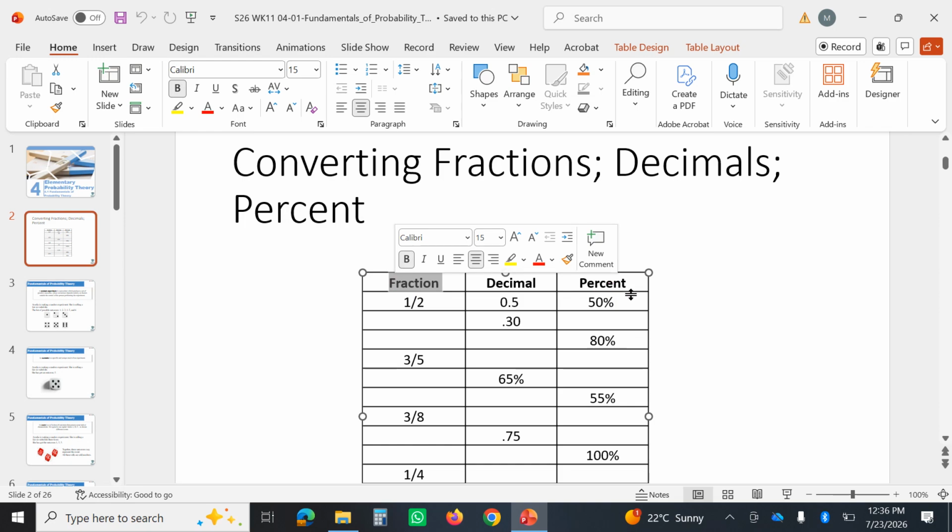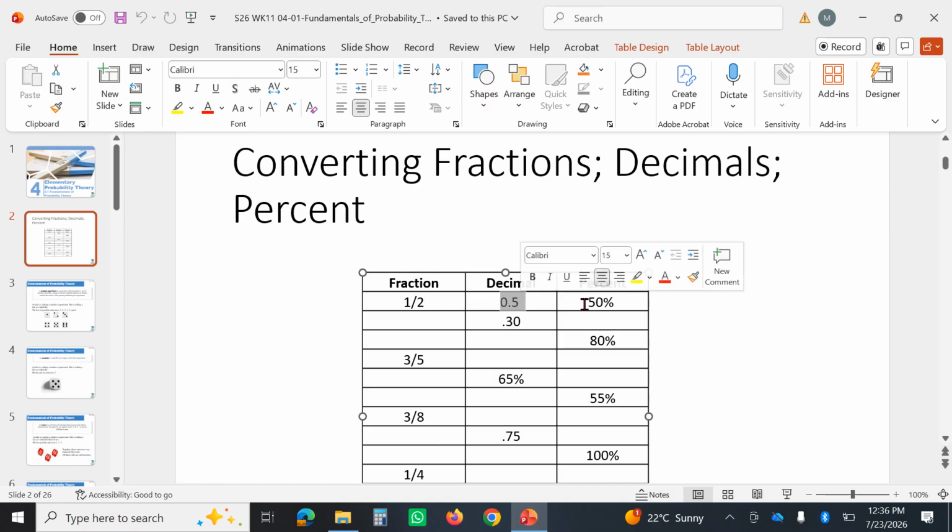You can even look at ratios as well, which I might add next year. But you'll see that these all mean the same thing. Half of a pizza is equal to 0.5 of a pizza, which is equal to 50% of a pizza. You have to be able to flip in and out of these.